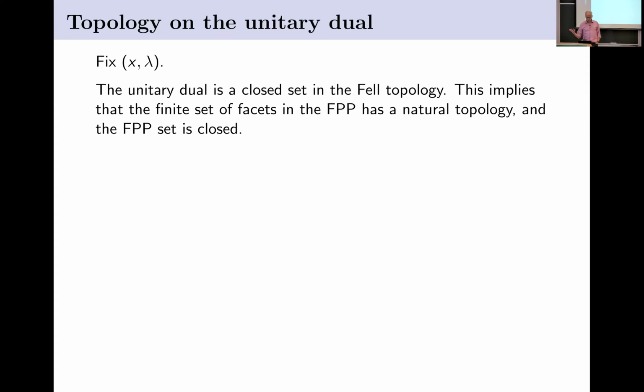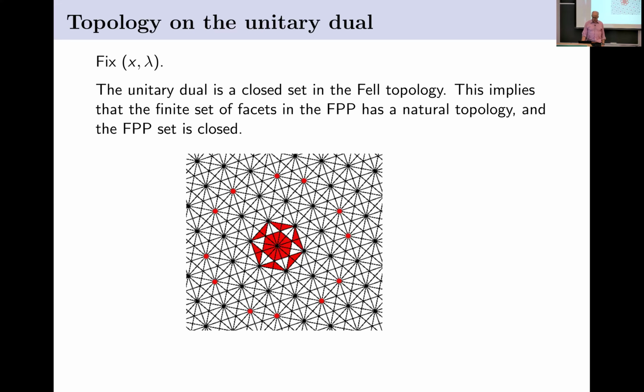So let me take a digression here to talk a little bit about the topology. The unitary dual is a closed set in the Fell topology. And so these facets have a natural topology. It's just back to the G2 picture, sort of what I was saying before. The unitary set is closed in the standard topology. So if a point in a triangle is unitary, then the closure of that triangle is unitary.